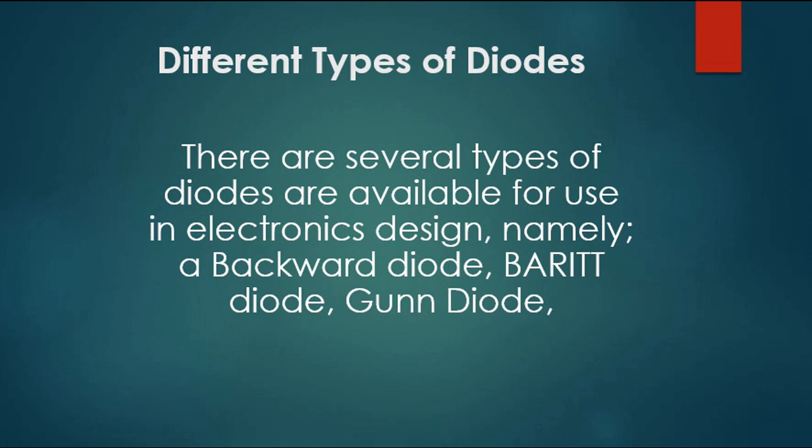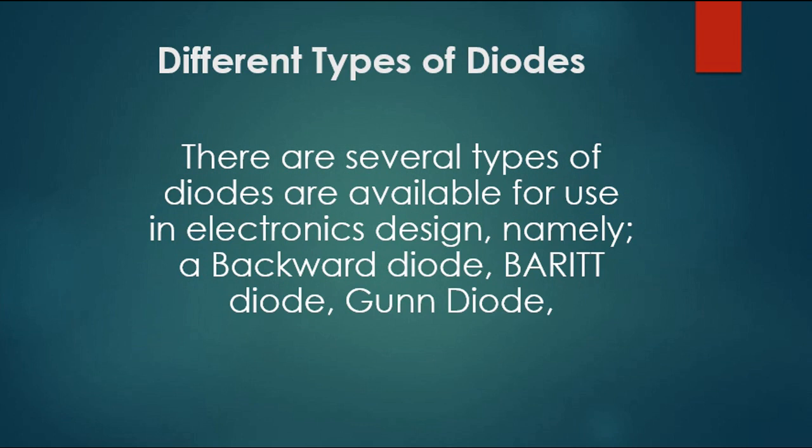I also explained in my previous video that a diode is either an active or a passive component, all depending on the specific function that you want to make use of the diode for.